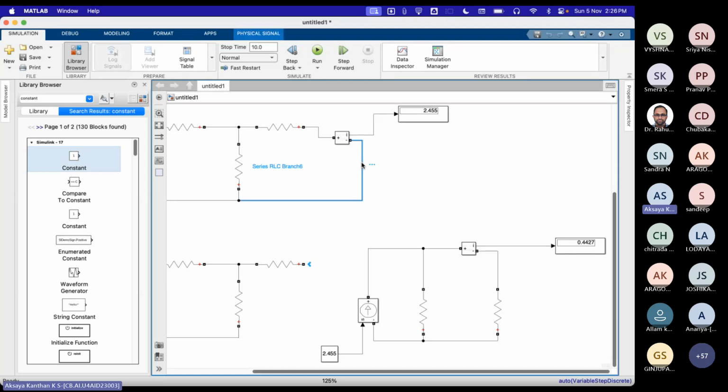So there is a load resistance here, so disconnected load resistor, load resistor.